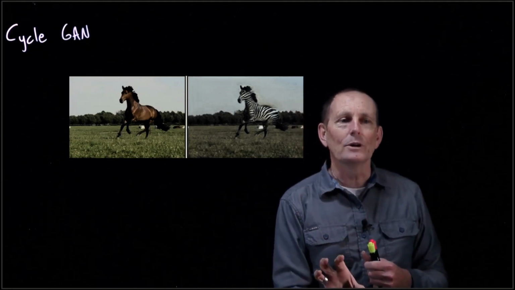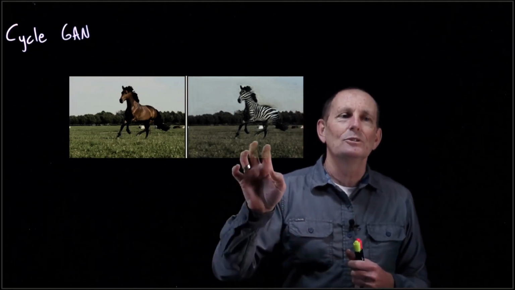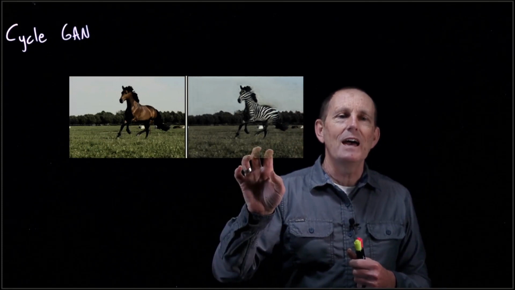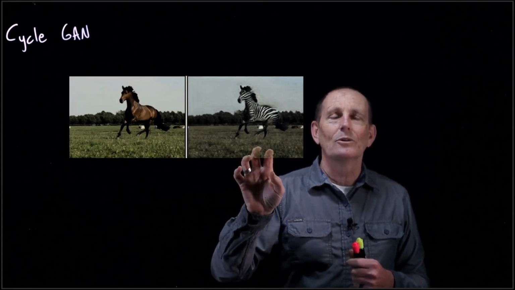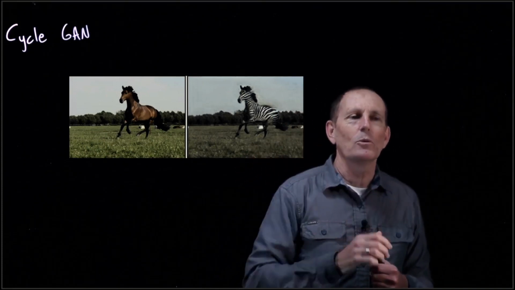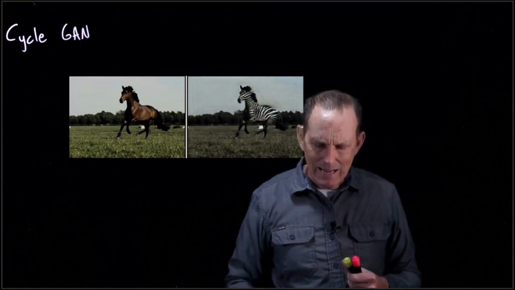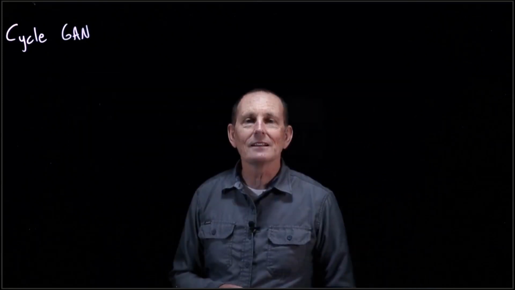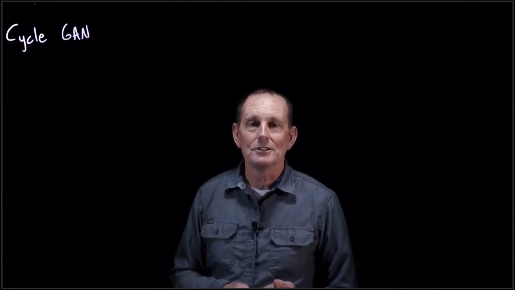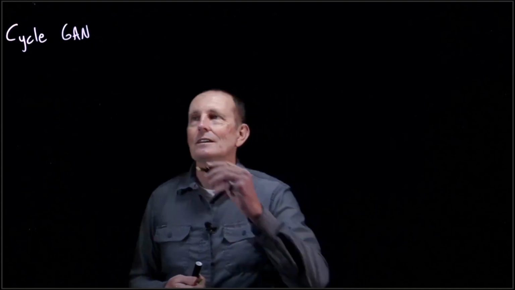If we went from a white horse to a zebra, then when we created the horse from that zebra, it had come up with a white horse. How the heck is that? The cycle GANs, it turns out, have invented steganography.